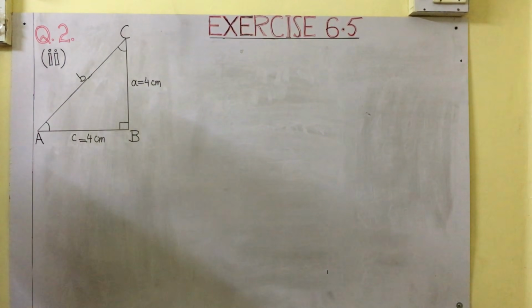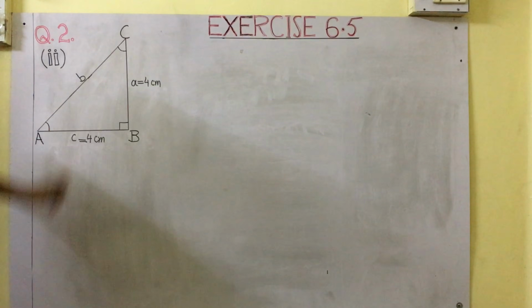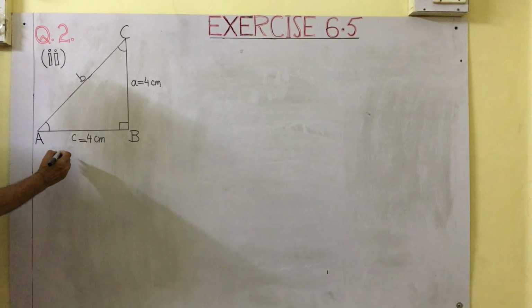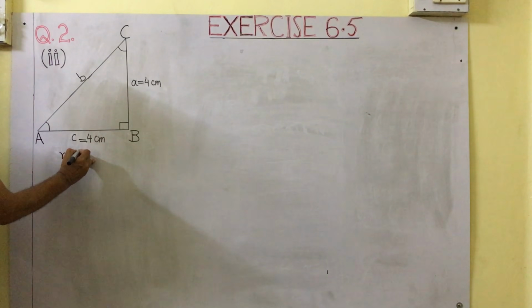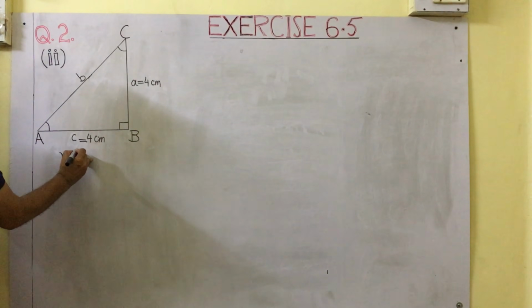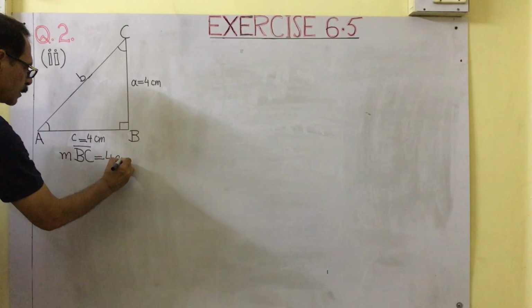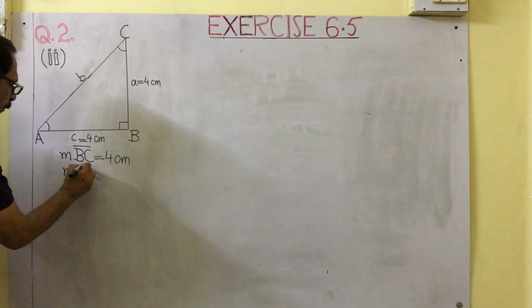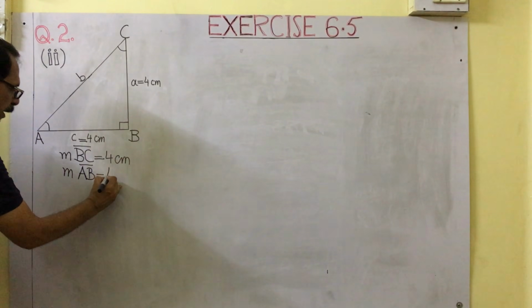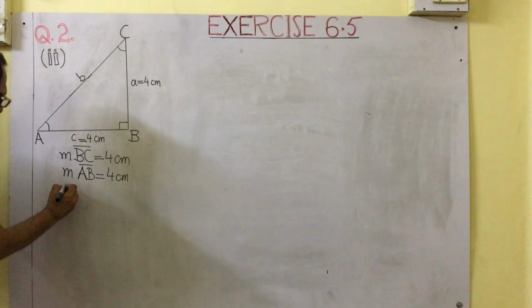Question 2, part 2. Given a right angle triangle, we have to find the unknown side, that is B, and unknown angles A and C. Collecting the data: side A (4 centimeters), AB 4 centimeters, also angle B is 90 degrees.